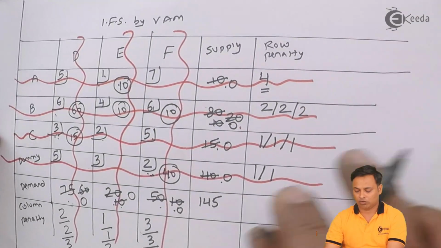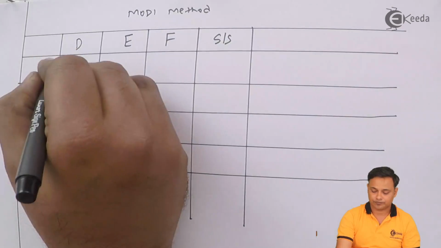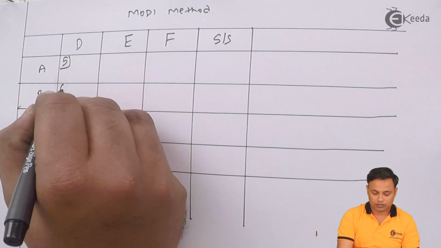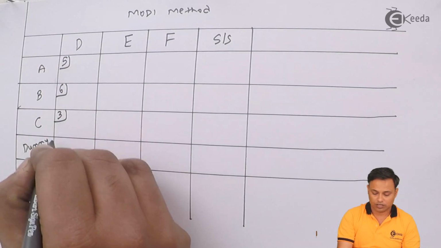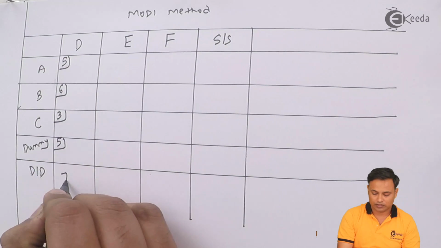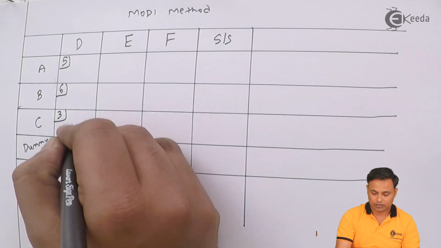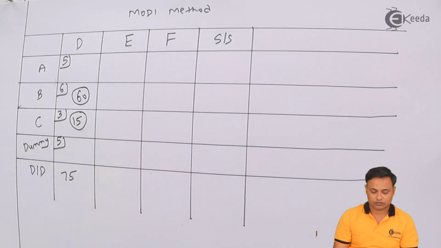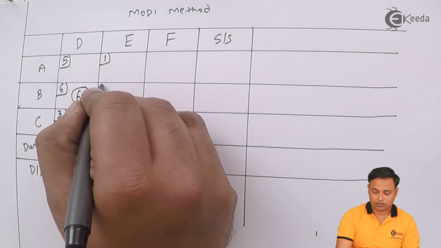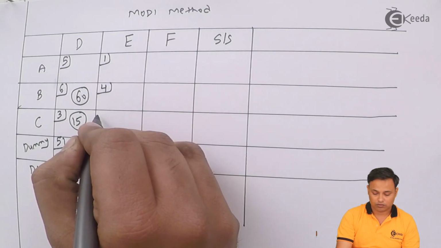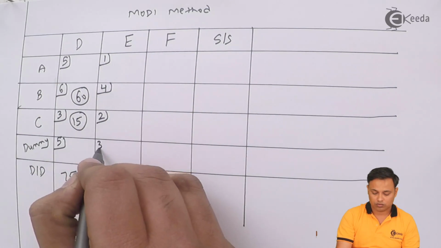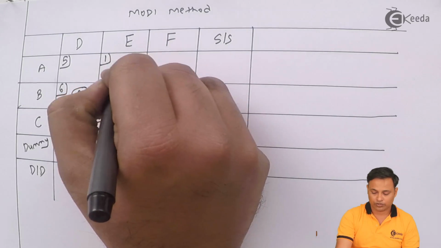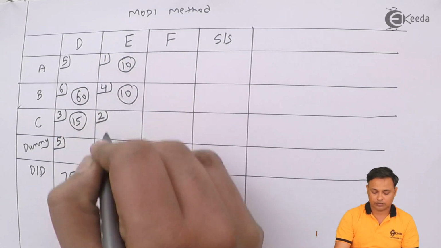So I'll just note down the whole table again. 5, 6, 3, 5 and 75. We have 15 here and 60 here. 1, 4, 2, 3. Allocation of 10 and 10 here.